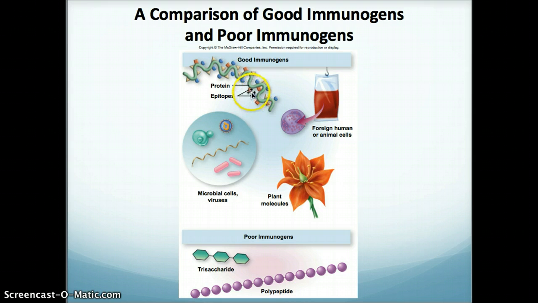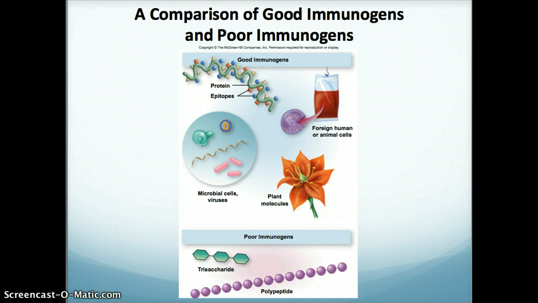These are the binding part that will be noted to bind to a receptor and recognized as an immunogen. When we look down here at poor immunogens, these are things like a trisaccharide, so 3 of the same sugar in a row, or maybe a polypeptide that doesn't have any real unique features that would make it stand out.